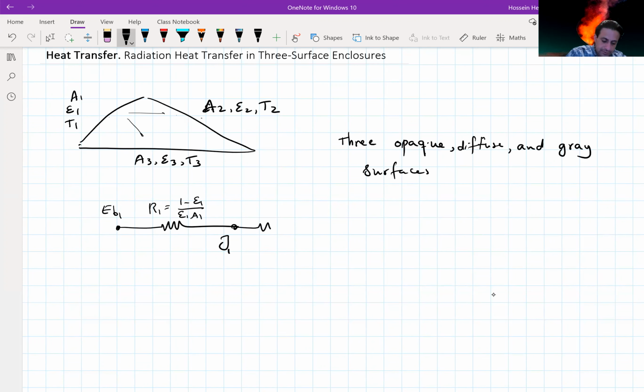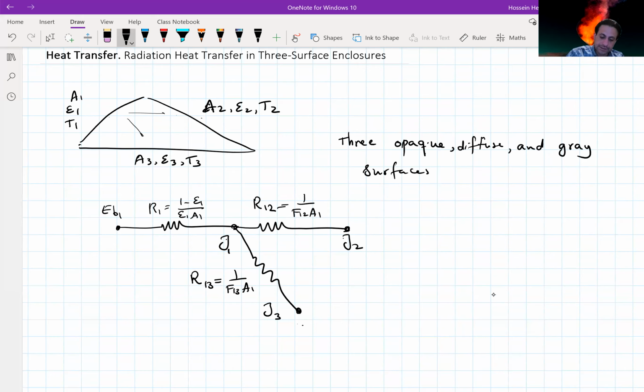So there is one between J1 and J2, which comes from surface 2, and there is this space resistance R12, which is 1 over F12 A1, and there is another one between J1 and J3, which is surface 3, with the space resistance of R13, which is 1 over F13 A1. The same thing between J2 and surface 2.